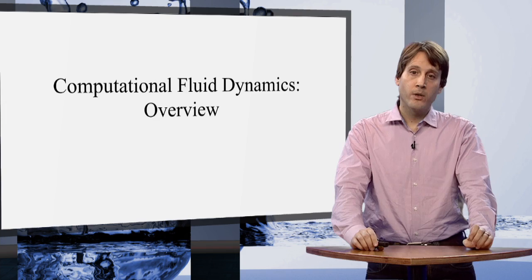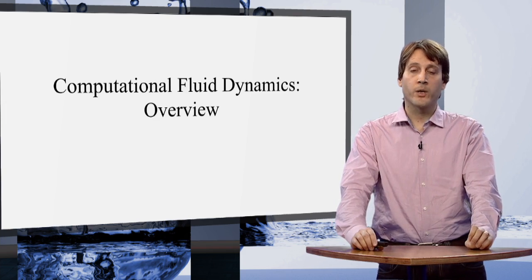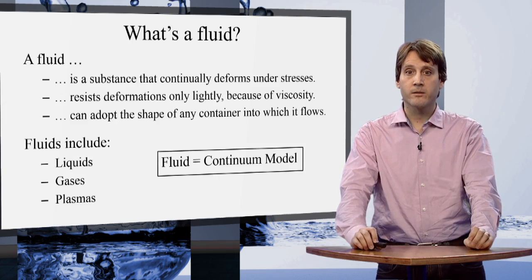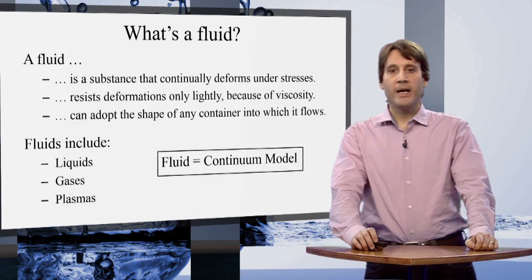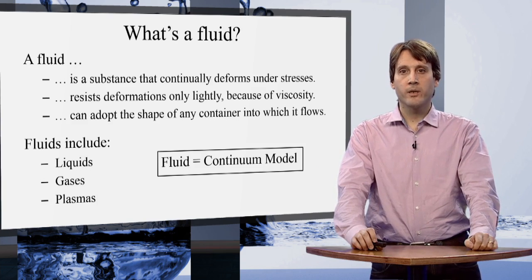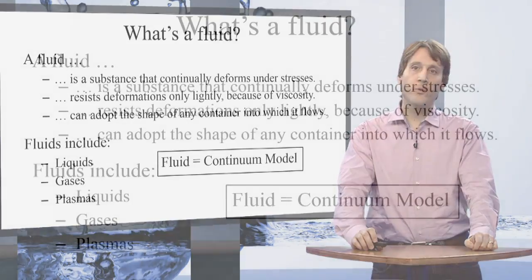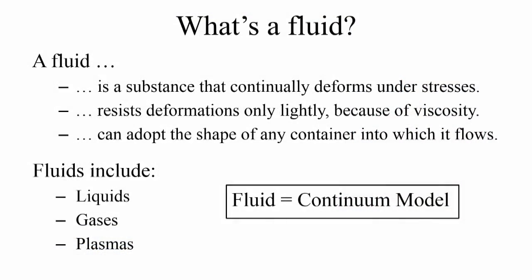The first module gives you an overview over the topic of computational fluid dynamics. What's a fluid? A fluid is a substance that deforms continually under the application of shearing stresses. Fluids are opposed to solids, which oppose stresses, and in the case of an elastic solid, they can turn back to their original state once the stress is released.